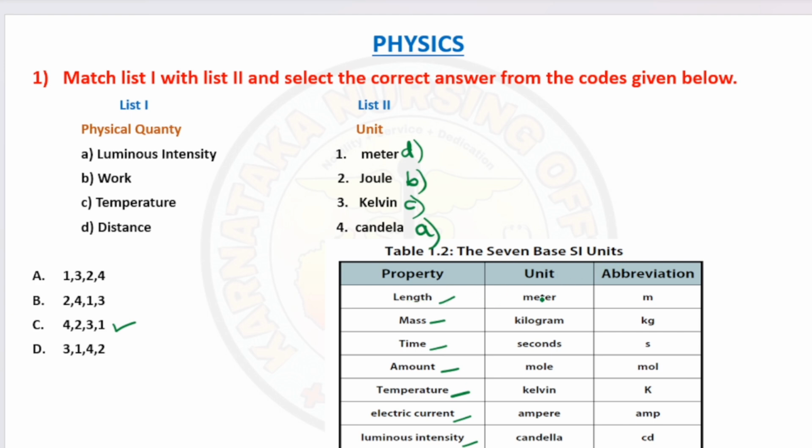The SI unit of length is meter, and SI unit of mass is kg, and time is measured in second. These are SI units. And amount of substance is measured in mole, and the unit of temperature is Kelvin, and unit of electric current is ampere, and unit of luminous intensity is candela. This you should know.